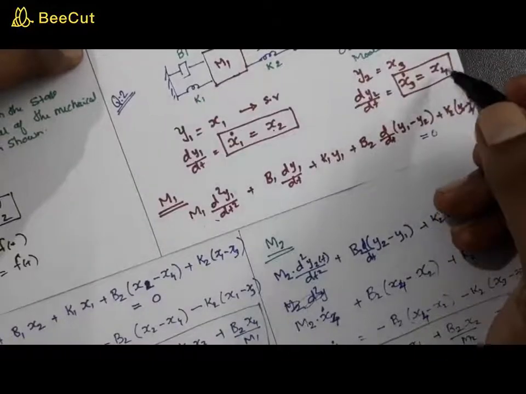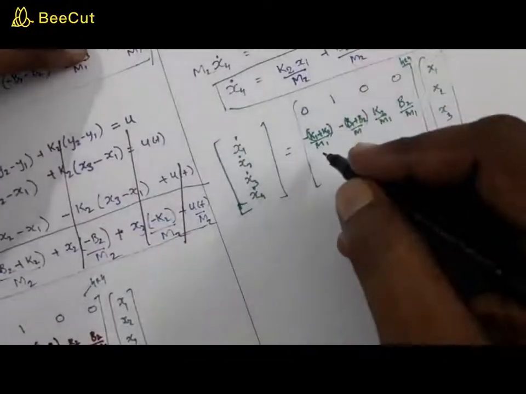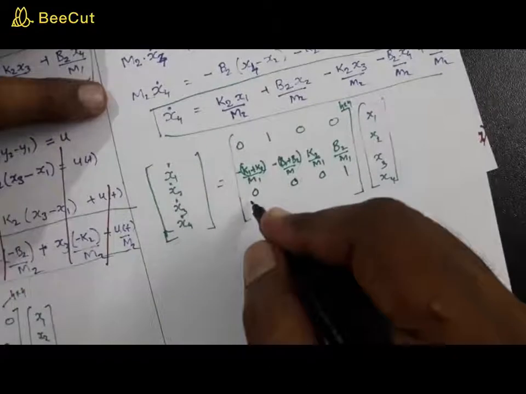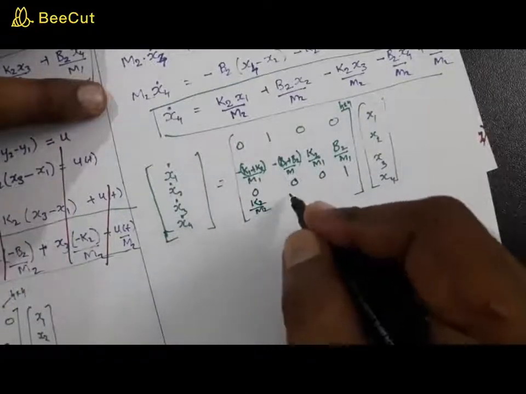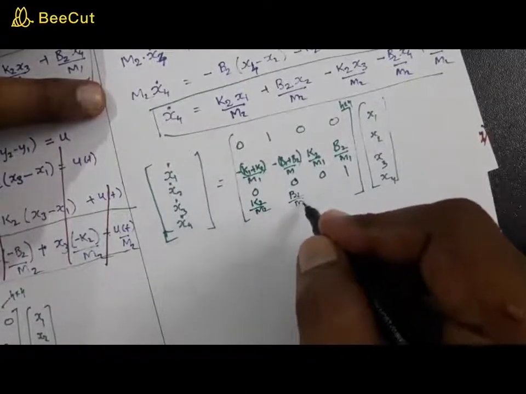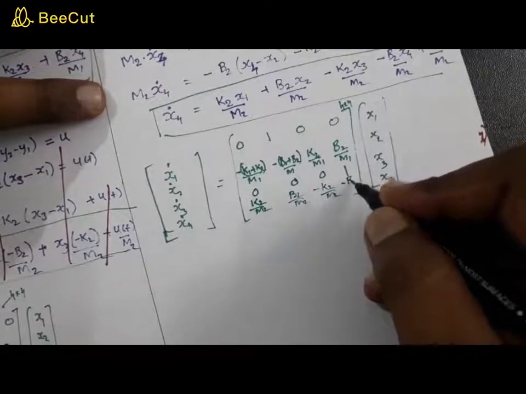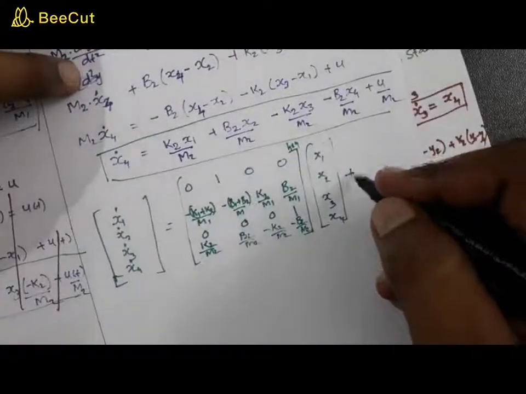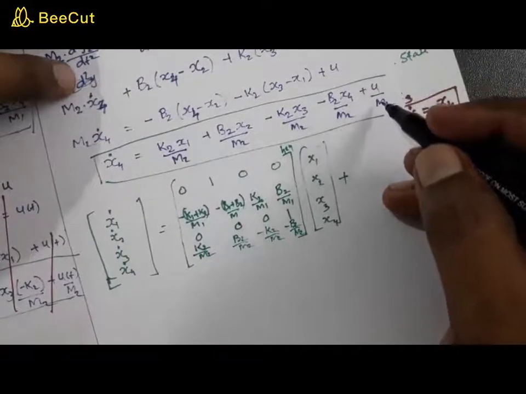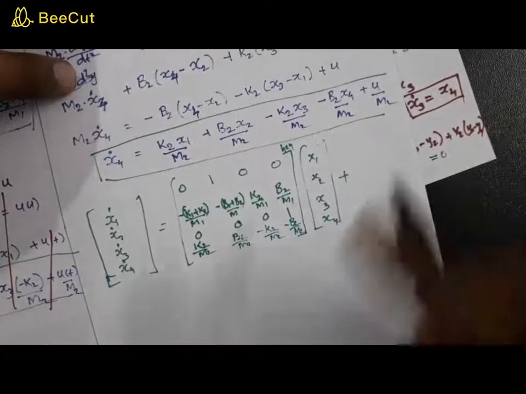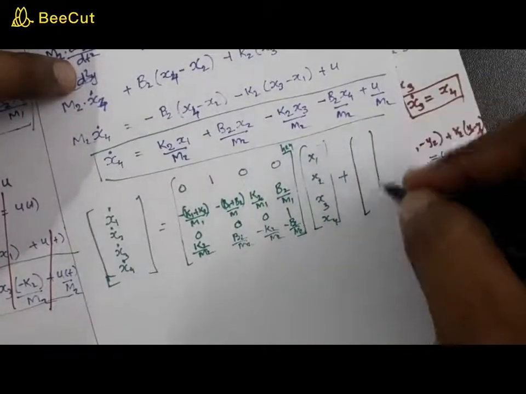Now what about x3 dot? x3 dot is equal to x4. That means you have only the x4 term, so this will be 0, 0, 0, 1. And what will be the last row, x4 dot? k2 by m2, b2 by m2, then next is minus k2 by m2, and minus b2 by m2. Okay, now is it finished? No, you have one more term, that is u by m2, so you can have a column matrix into u.